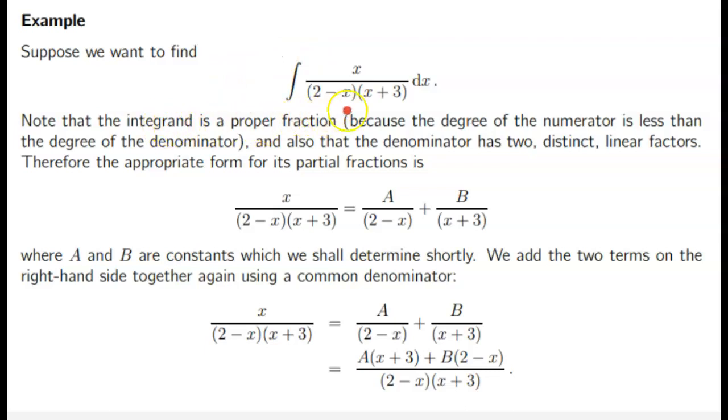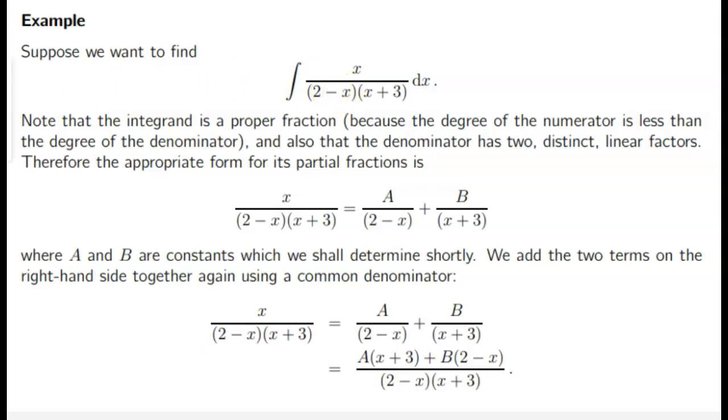Okay, let's go to the next one. Now, let's say I want to integrate x over 2 minus x and x plus 3. If I multiply the bottom one out, I will get something like minus x squared plus something.